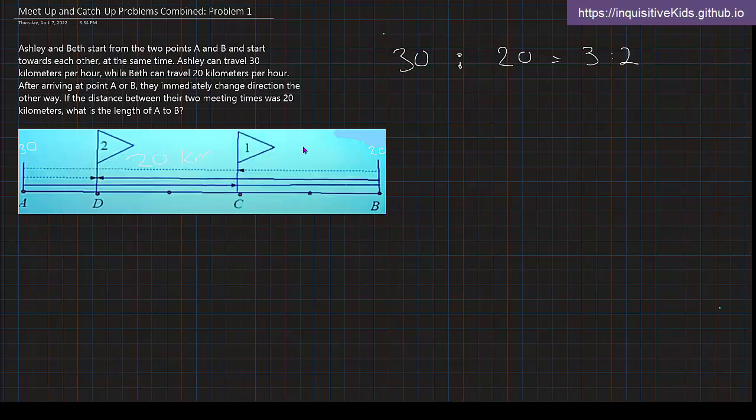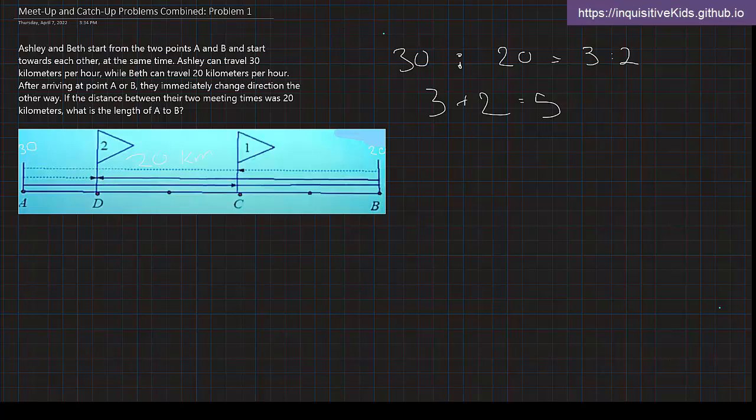Okay. And let's first just look at the first meeting spot. So it's at C, and because Ashley is faster than Beth, it makes sense for Ashley to have walked a greater amount than Beth. So their ratio right here is 3 to 2, which means that the total amount of parts is 3 plus 2, which equals 5. So we're splitting this into 5 equal parts.